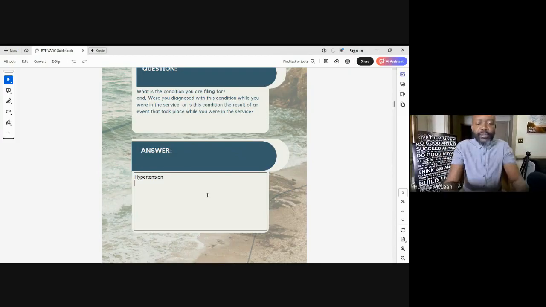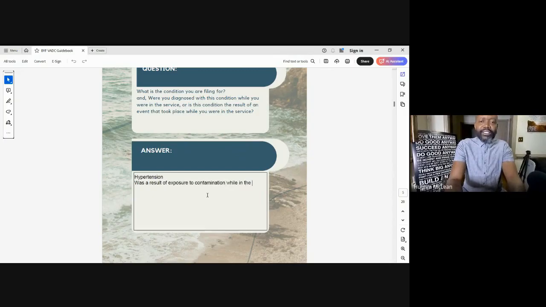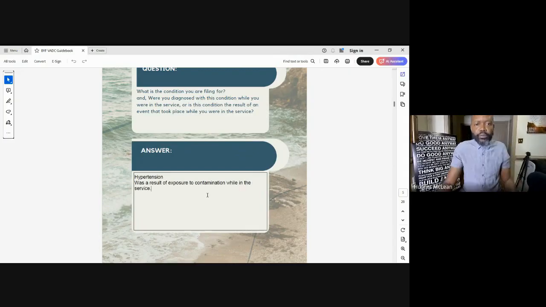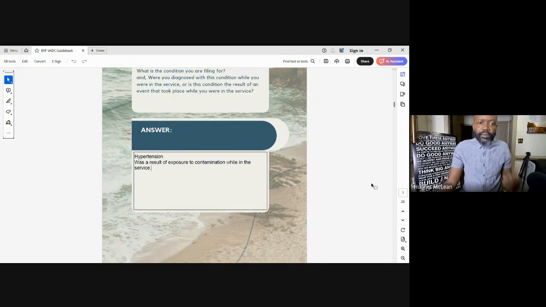In this situation, we're going to say it was a result of exposure to contamination while in the service. Once again, we're following it as a part of the PACT Act.